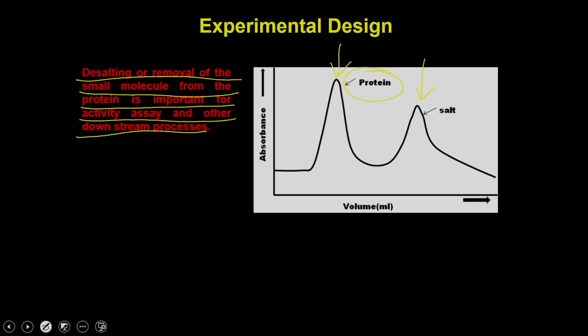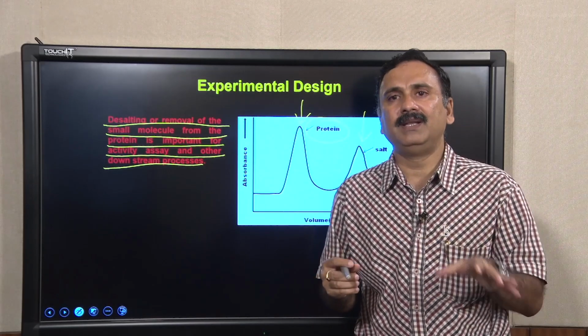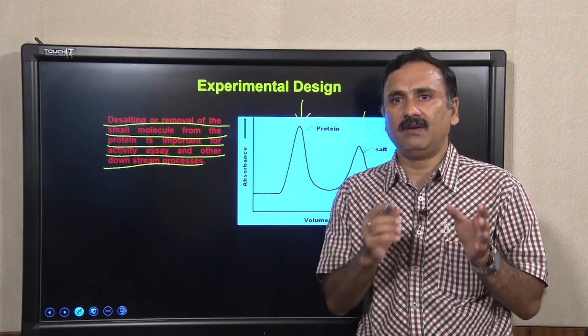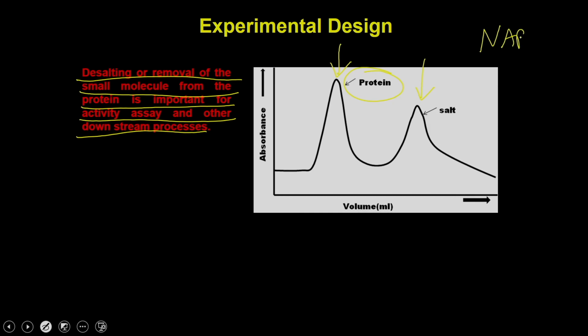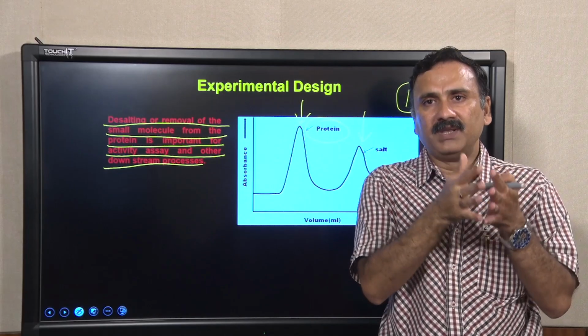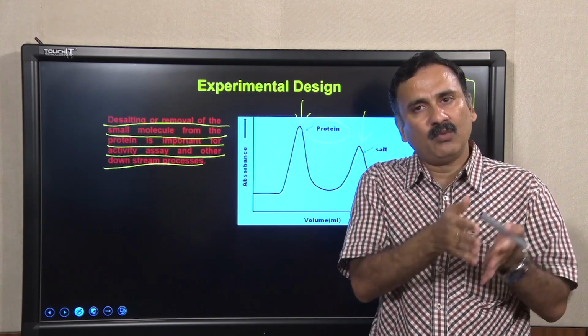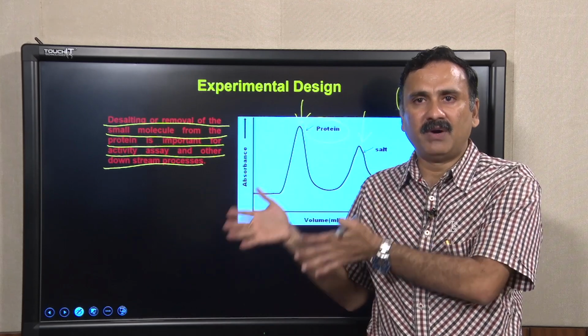You can do that simply by performing the chromatography in a very small column. One of the columns is called the naphthalene column. These are commercially available naphthalene columns which you can use to desalt the protein. You can remove any ligand which is of a smaller size.